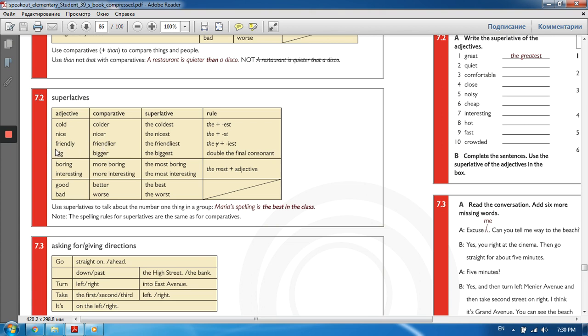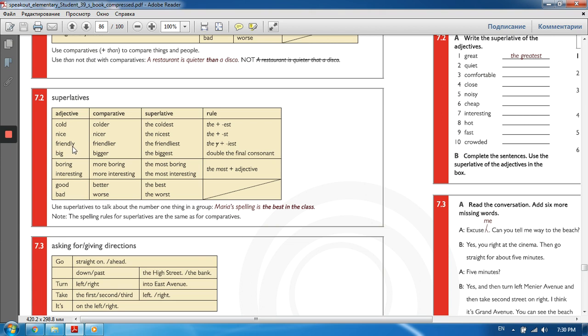So friendly, you see here the word friendly. You may ask, friendly is a long adjective. Why have they added er or est at the end of the adjective? Remember students, don't forget, if the adjective finishes with y, we shouldn't add more or the most in the comparative or superlative degrees.